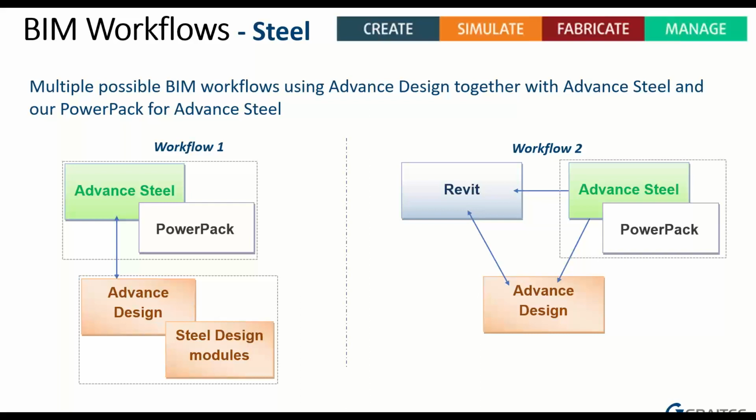This is somewhat a triangulated workflow between Revit, Advanced Design, Advanced Steel. From this workflow, I've taken Advanced Design and Revit just to expand on this in detail. In future, we'll also have some other webinars planned where we can see perhaps a triangulated workflow, and also maybe something with Advanced Steel as well. So today we're looking at the workflow between Advanced Design and Revit.